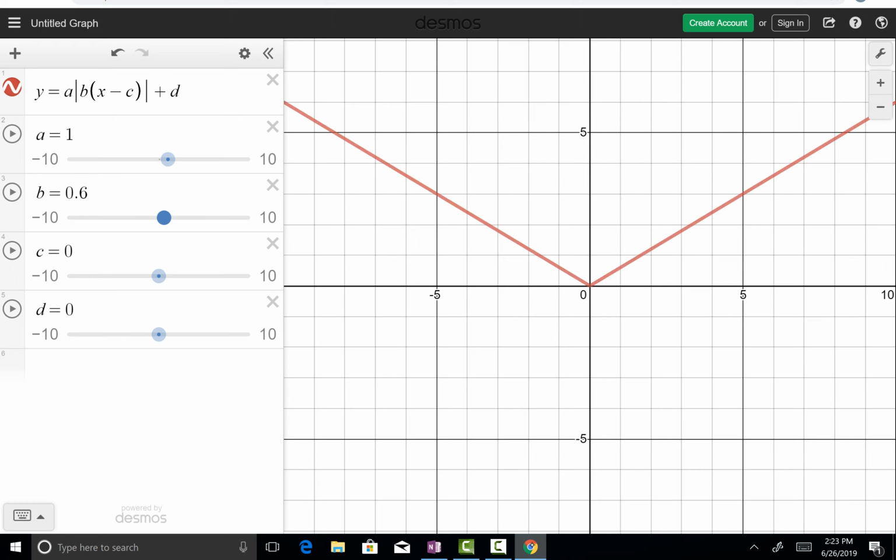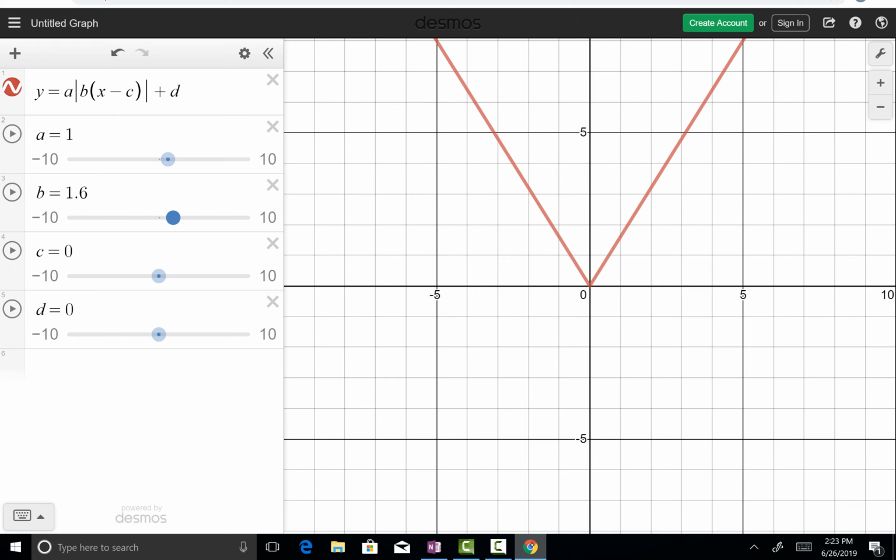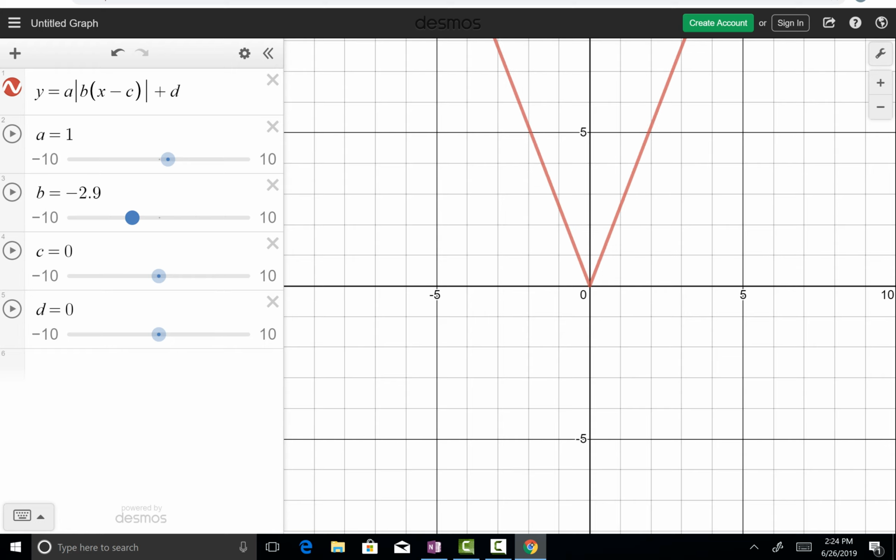And that's true, except when we have a negative, we're not getting that reflection in the x-axis. But there is a reflection happening. It's just that I chose absolute value, which doesn't do a very good job of showing really what b does, but not many functions do. If I was to use some sort of a sine or a cosine curve, then we would see what b does. But in this case, it's kind of hard to see it.